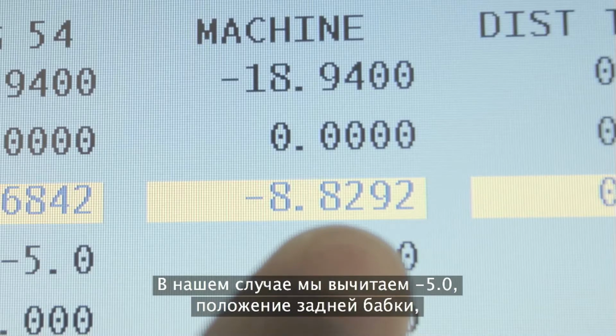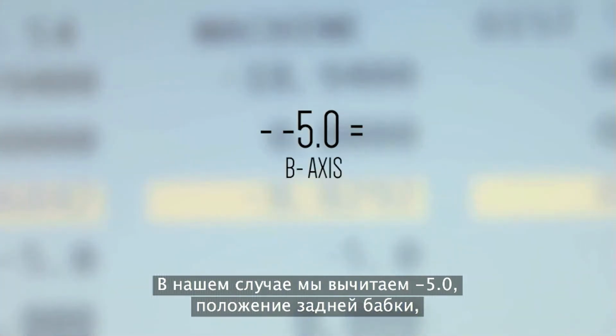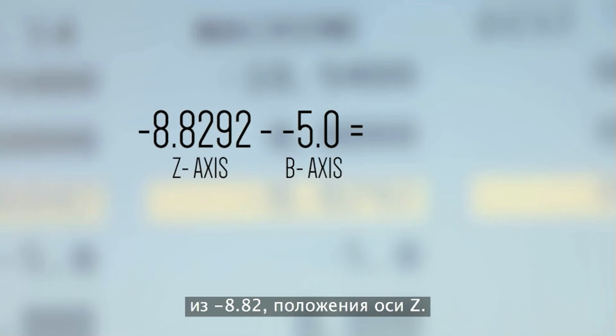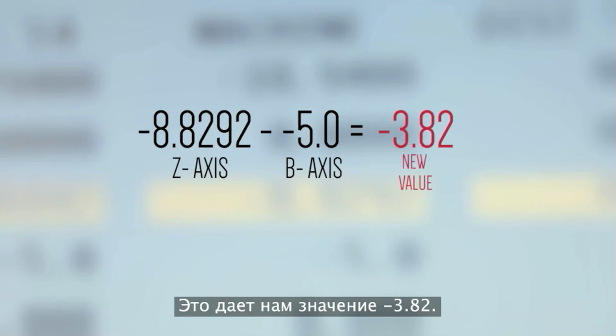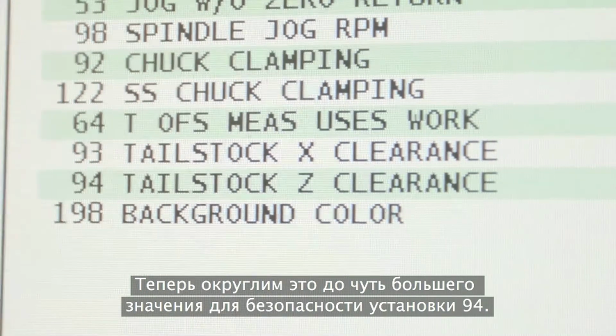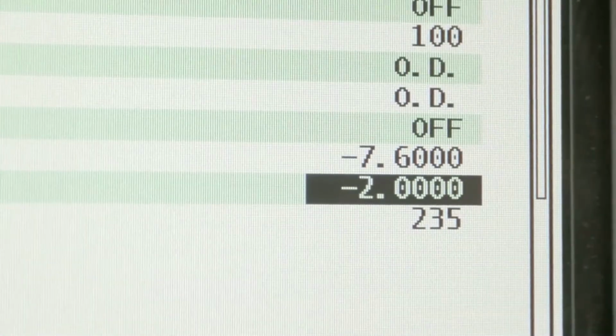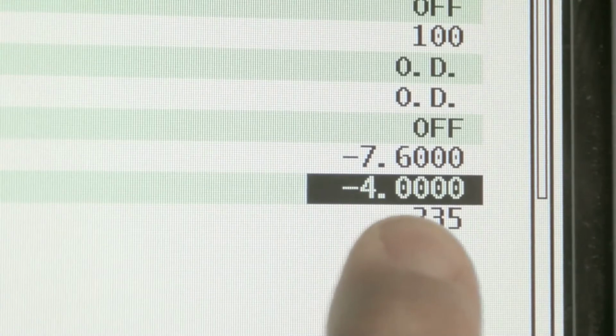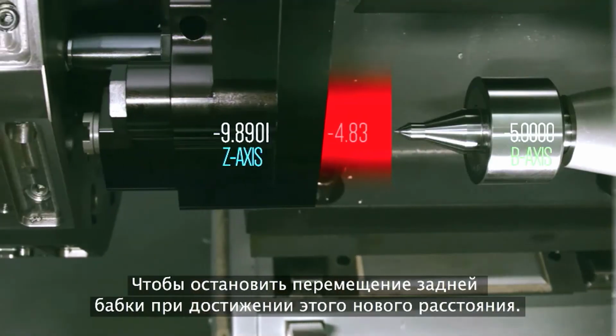In our case, we subtract -5.0, the position of the tailstock, from -8.82, the position of the Z-axis. This gives us -3.82. So let's round that up to a slightly larger value, just to be safe, for setting 94, to halt the tailstock motion whenever it reaches this new distance.